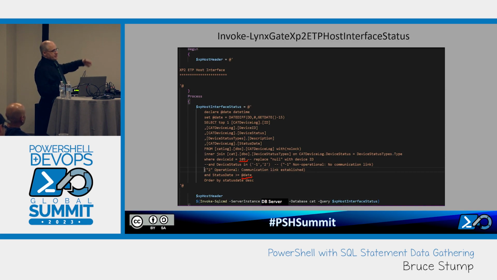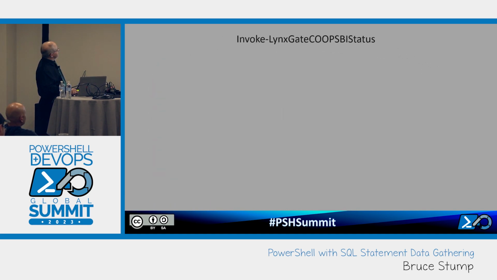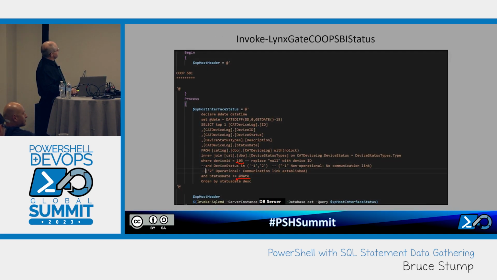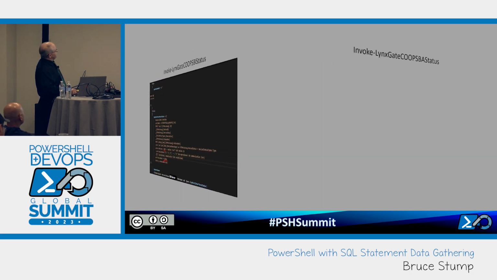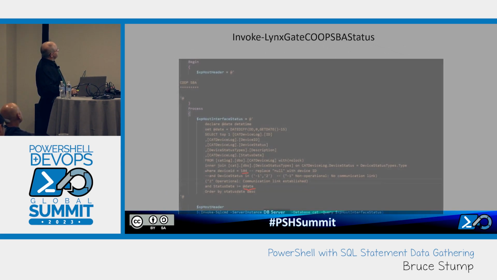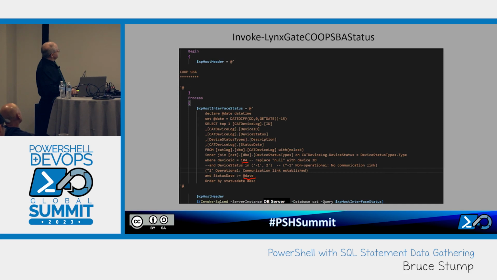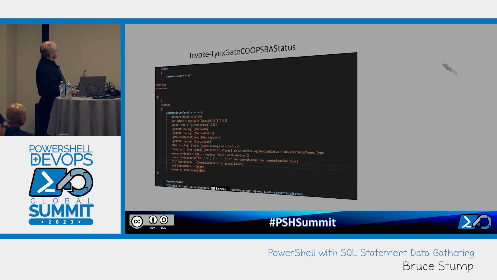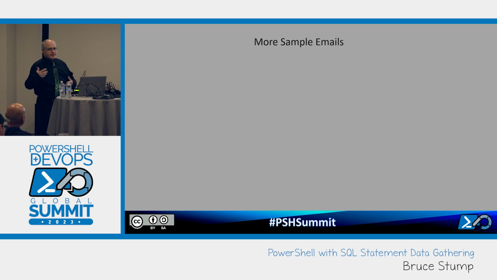All these are pretty much the same, just walking through them. This one's device ID 103, within the last 15 days there. Same thing here. So it's a pretty simple process once you get going.